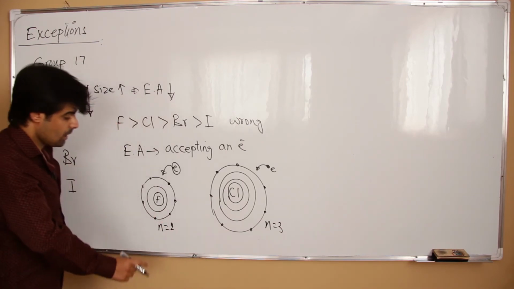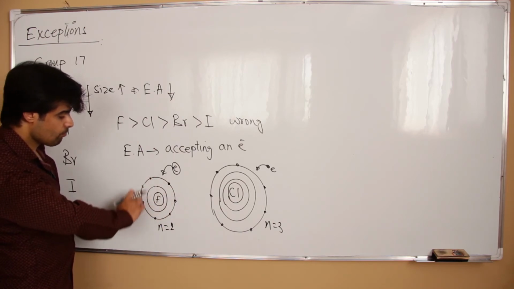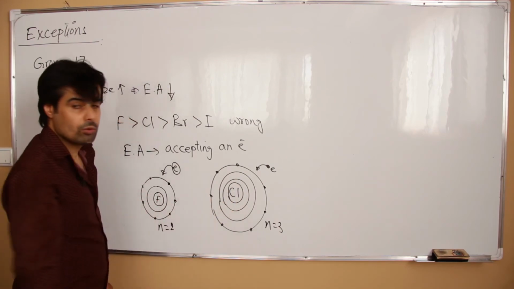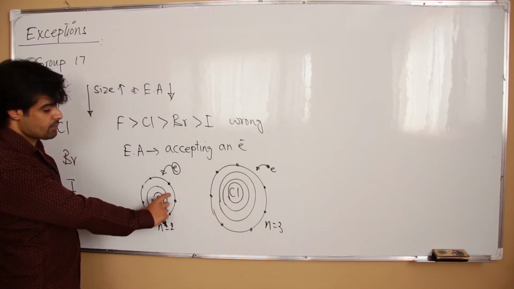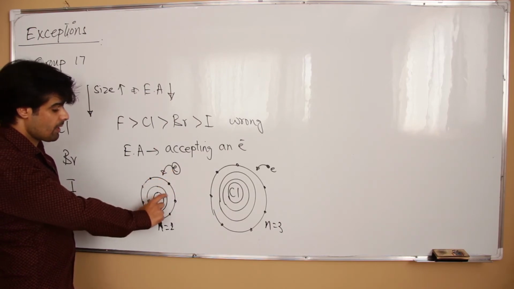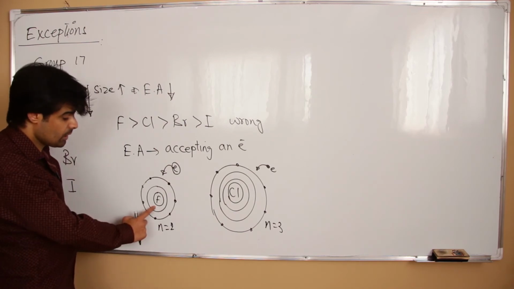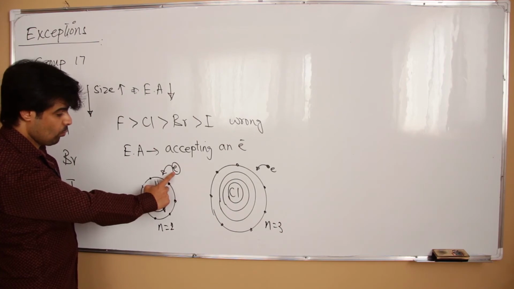What does it mean? It means fluorine already has 7 electrons and it has more repulsion than the last shell of chlorine. Why? Because the size is very small. Now if you put this electron in, the repulsion will be much more. For this reason, fluorine does not need to accept this electron. Why?